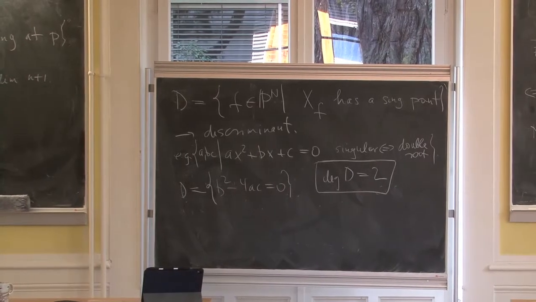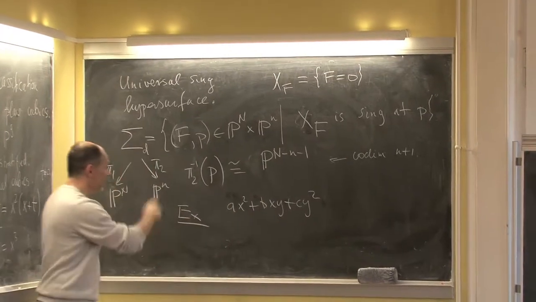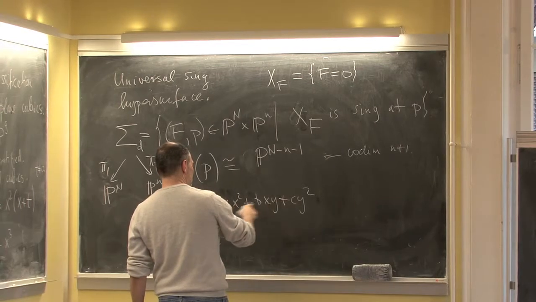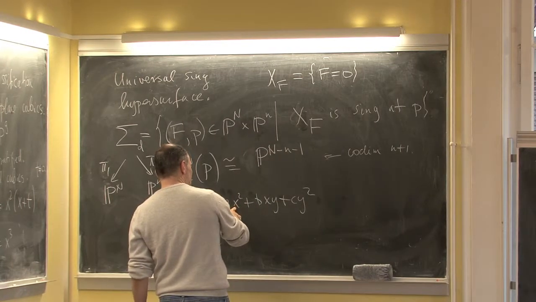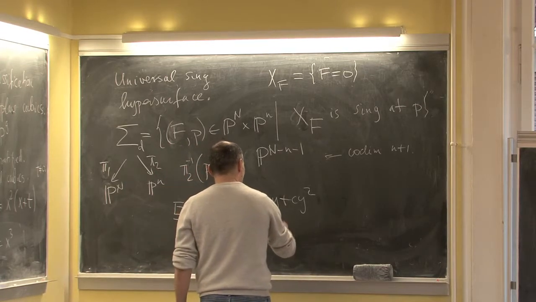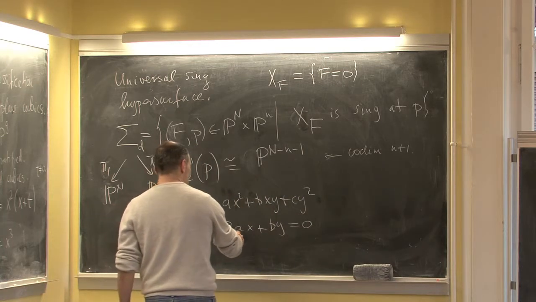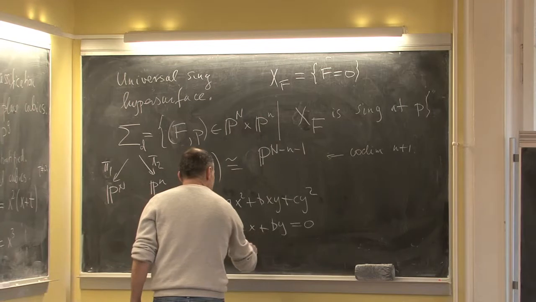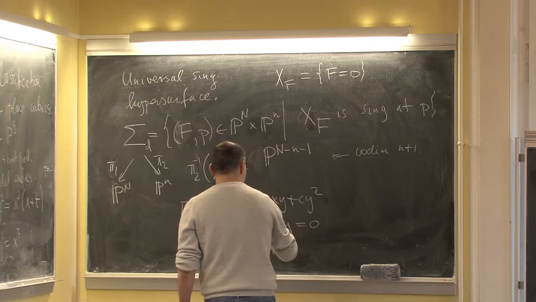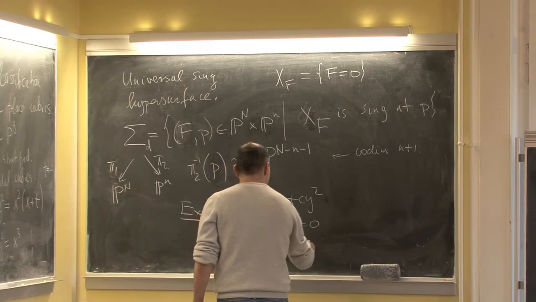So F is ax squared plus bxy plus cy squared. Now let's calculate the two equations. The two equations will just say that the derivative at the point in x is 0, so that will be just 2ax plus by is 0, and the other is 2cy plus bx is 0.